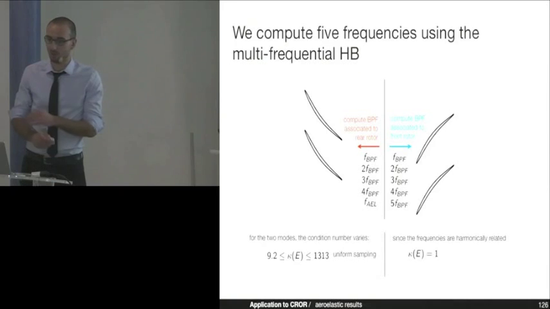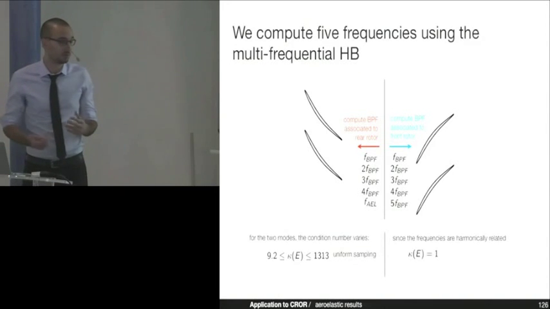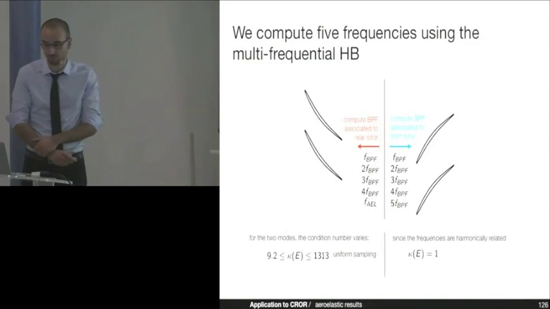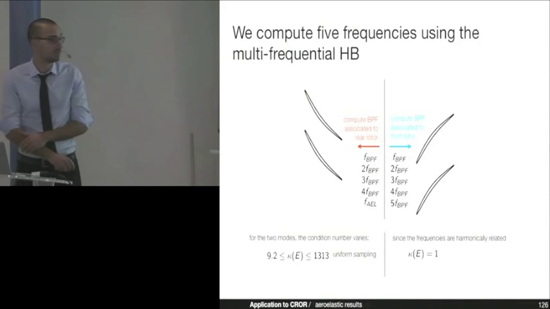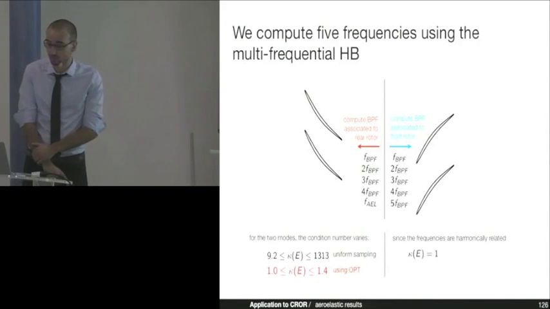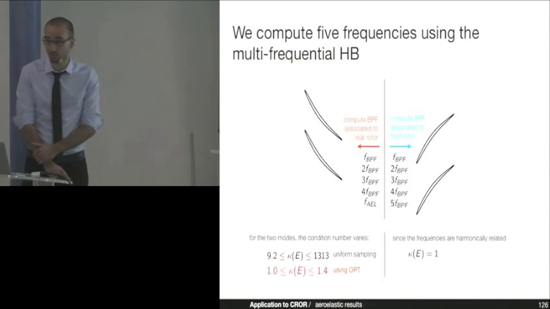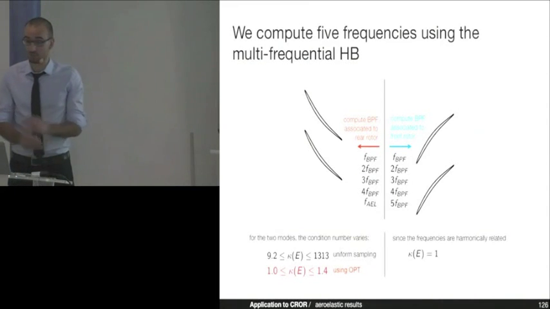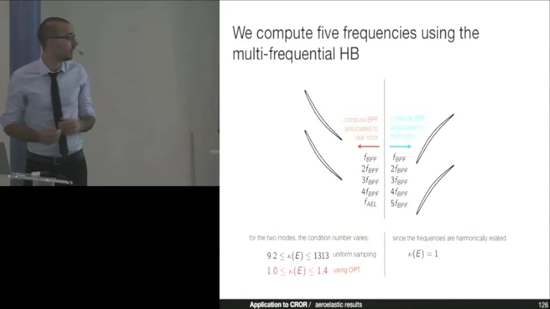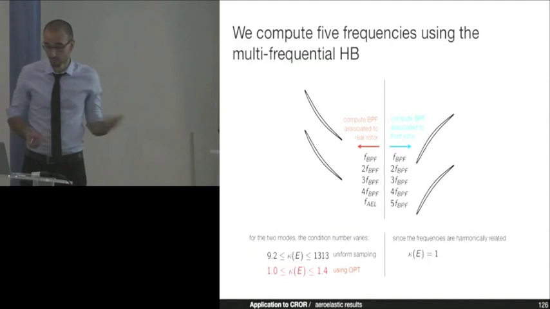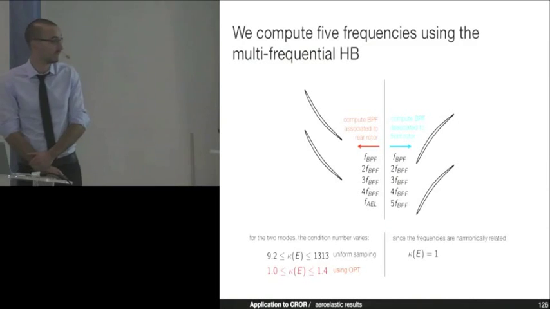And this explains why we had to develop a new algorithm to solve this problem. And actually, using the algorithm developed in this thesis, we can see that the condition number is now between 1 and 1.4, which makes this configuration available for multi-frequential harmonic balance.